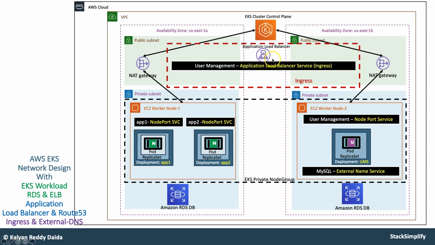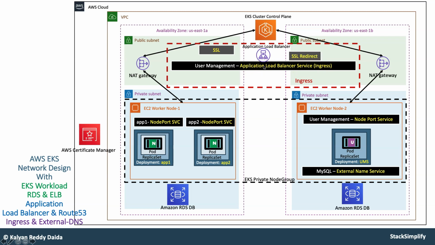It will create an application load balancer, and we will also enable SSL for our application. First we will create an SSL certificate in our certificate manager, and then we provide this certificate ARN in our ingress manifest, so that SSL is automatically applied for the application load balancer we have created.